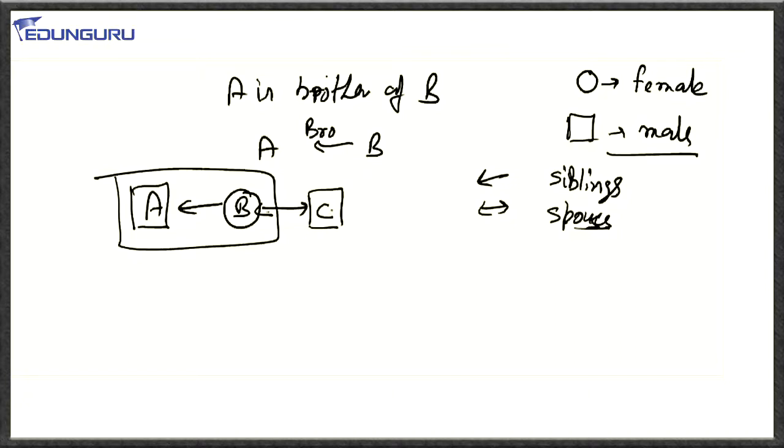Further to that, if I say X is son of B, so down arrow X, and because he is son, he is a male, so put a square around that. Similarly, if I say Y is sister of X, so single arrow between X and Y, sister means female, put a circle. This is how we can make a family tree.